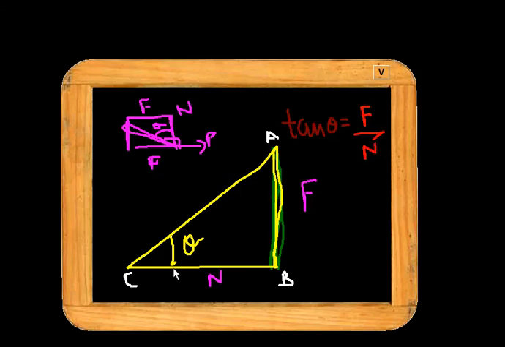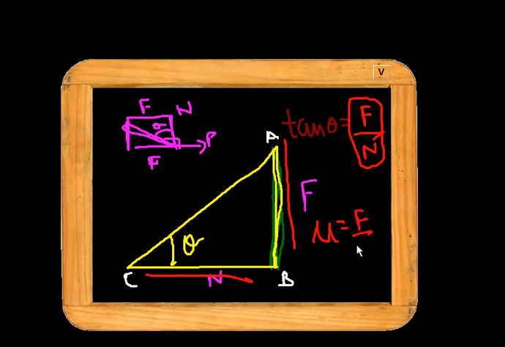But F by N, I told you previously, the coefficient of friction equals F by N. Remember, we proved that mu equals F by N. So therefore we can write that tan theta equals mu.